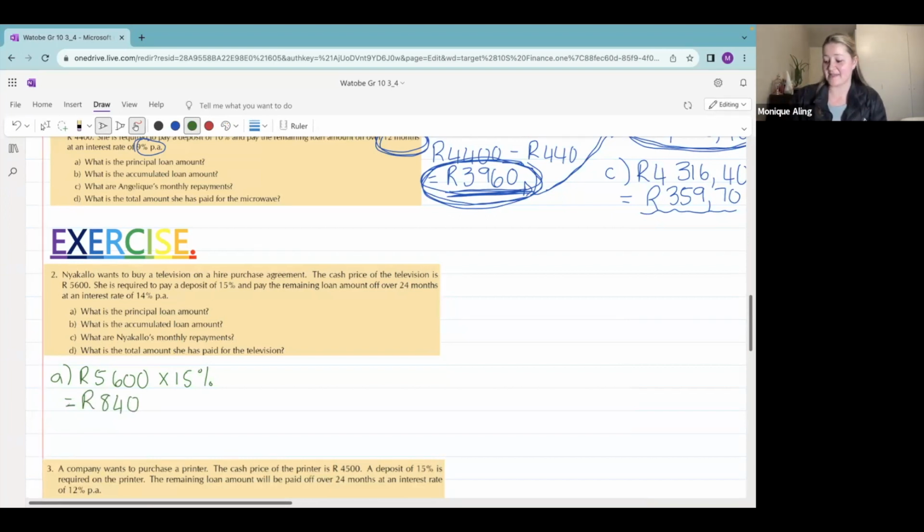So now she's paid this amount. The next step is to now minus this amount from the original amount. So the TV costs 5,600 minus 840. Which gives you, I can see beautiful answers coming through now. Yay, Danver and Jenna, well done.